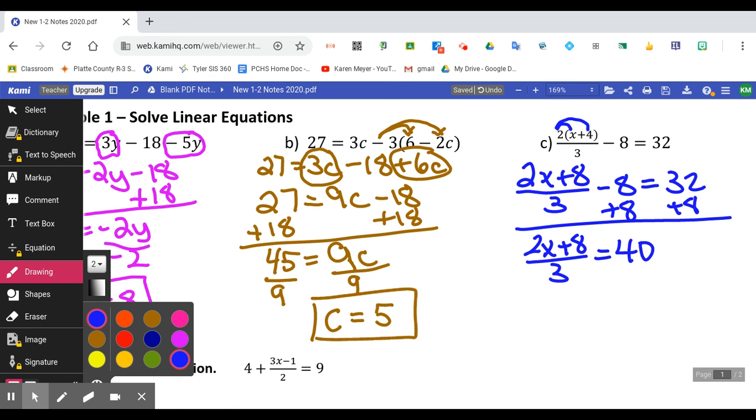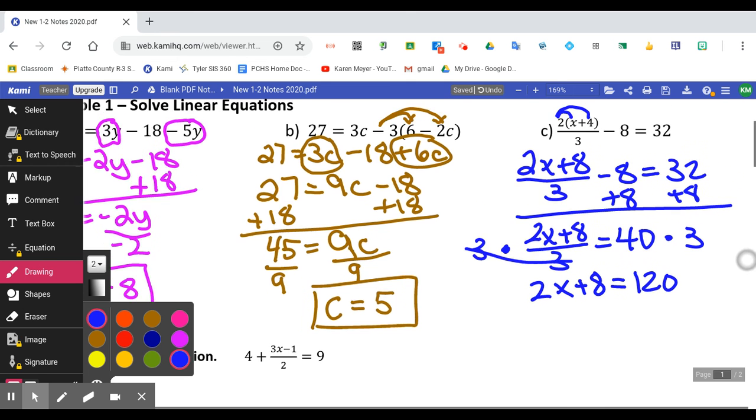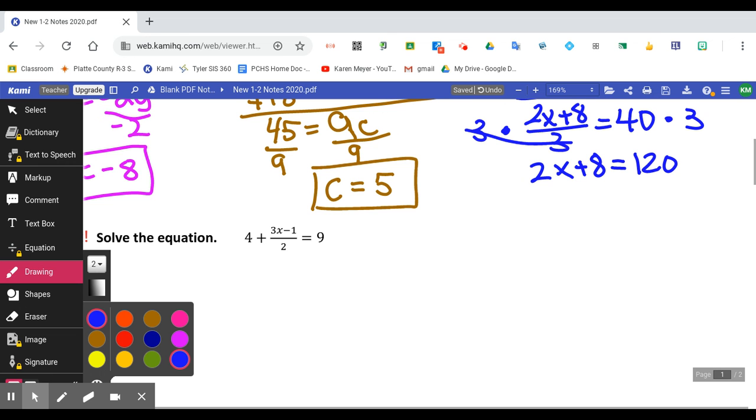Now I want to get rid of the denominator. So on the left side, if I'm dividing by 3, the opposite of dividing is to multiply. So we're going to multiply both sides by 3. So 2x plus 8 equals, and then 40 times 3 is 120. Now we want to get rid of the plus 8.